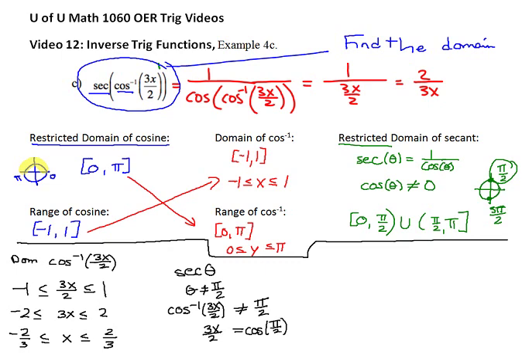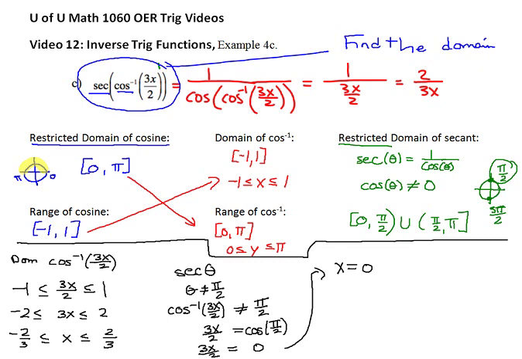Now cosine of pi halves is 0. So we're left with the equation 3x over 2 is equal to 0, and by inspection we see that the answer is x equals 0.